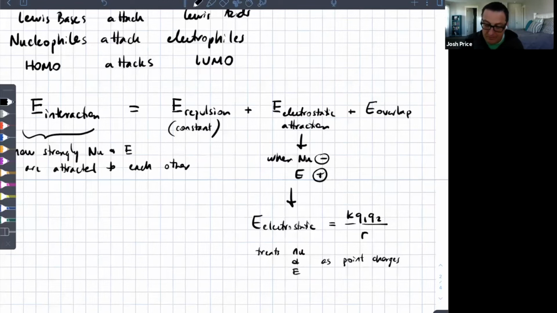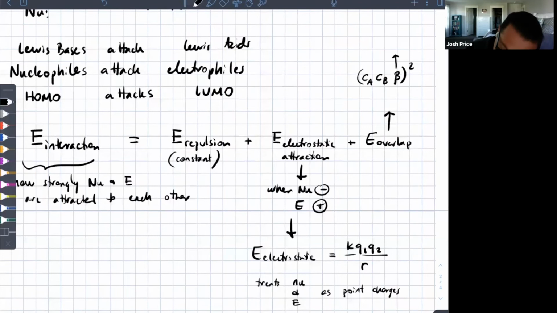And this term is concerned not with the charge on the nucleophile and on the electrophile, but with the orbital coefficient on the nucleophile, the orbital coefficient on the electrophile, and a term beta, which we don't need to define and you don't need to memorize, but this basically describes the extent of overlap in space, how well two orbitals overlap with each other.